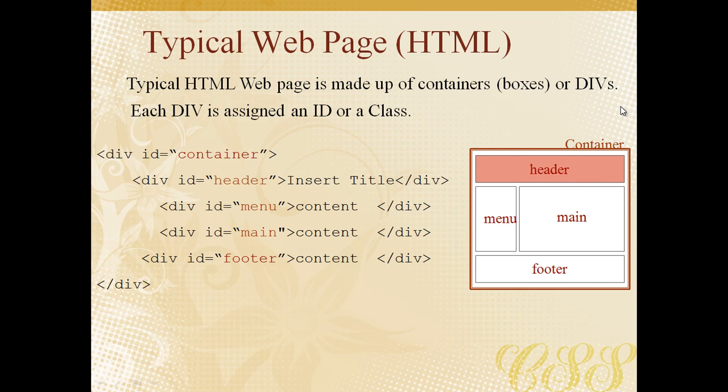So how will this be represented in CSS? You can see div id equal to container, and underneath that you have div id header with the title, div id menu with content, and then div id equal to main with content.